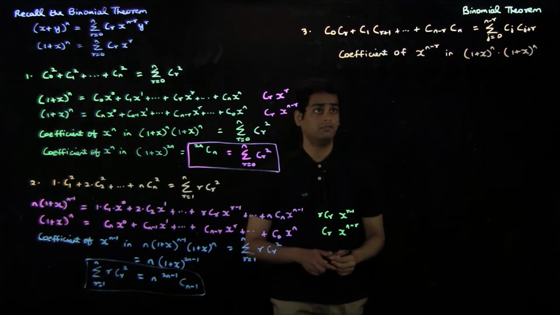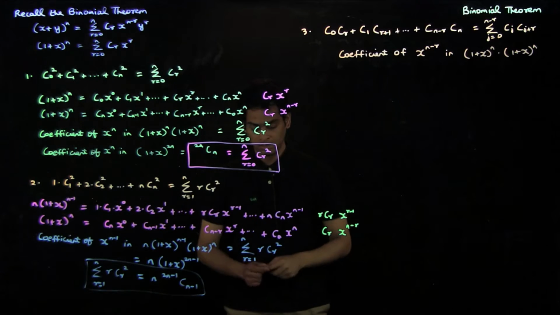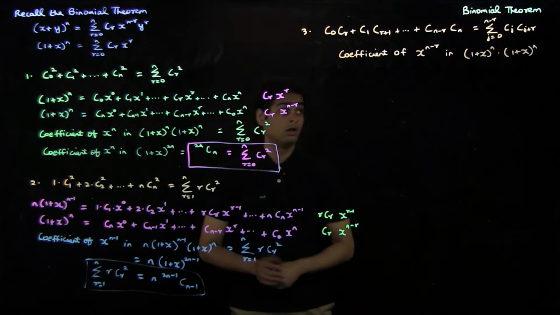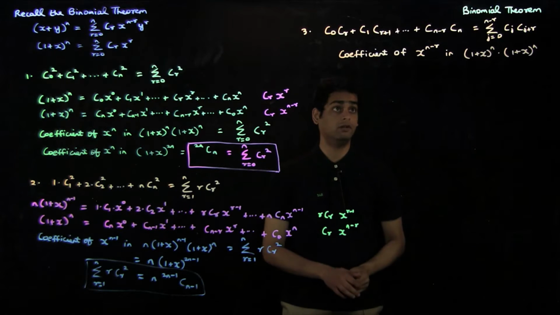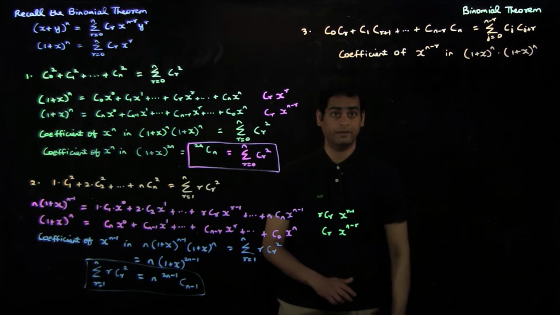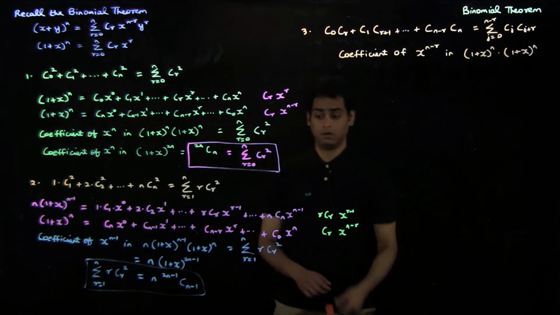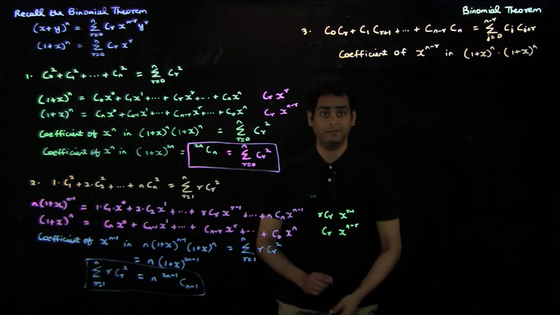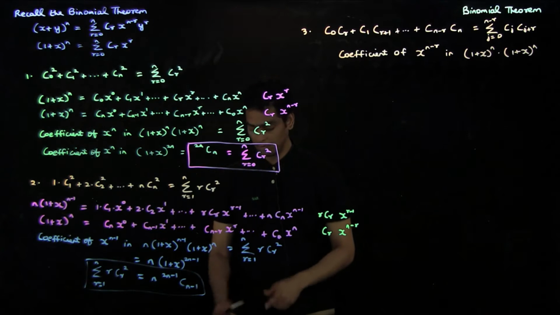If you look at the coefficient of x power n minus r in this expansion, you should be able to derive a closed form expression for this summation just given here. So it's pretty similar to the first part we've seen in this lecture.